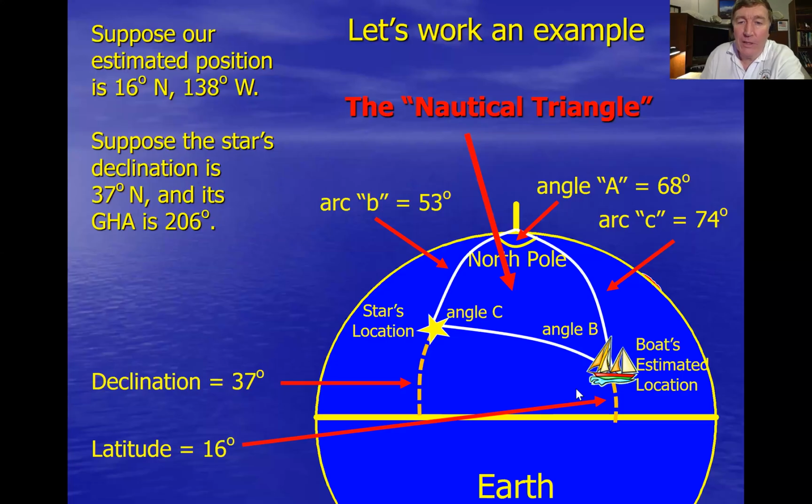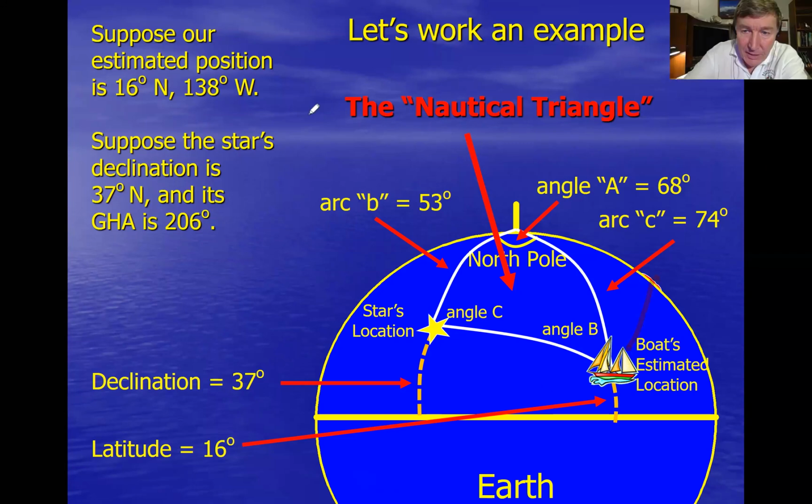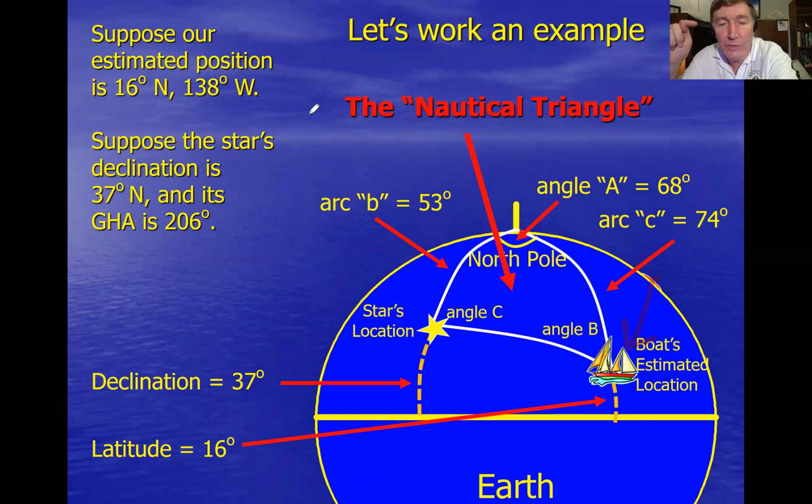Okay, let me go back to my sharing screen. Okay, so where you see the boat is, this is a point that you could draw on the globe. Even though you know it's not really your actual position, that's okay. It's a point on the globe.